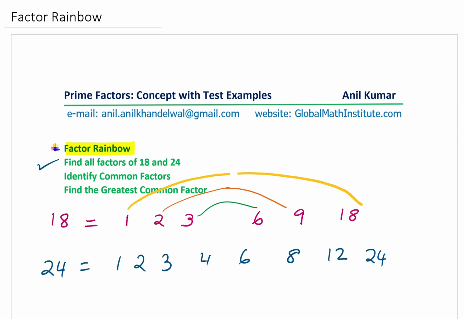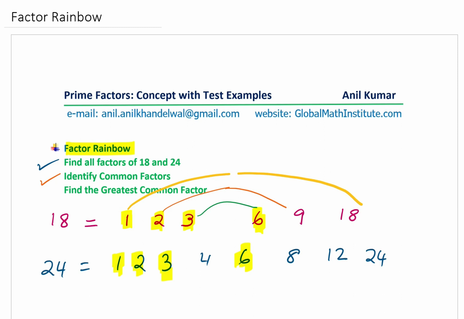Now, second question for us is identify common factors. So let's write down what are the common factors. These are common factors which I'm shading. Many common factors are shaded, all of them, 4 common factors. Correct? Find the greatest common factor.